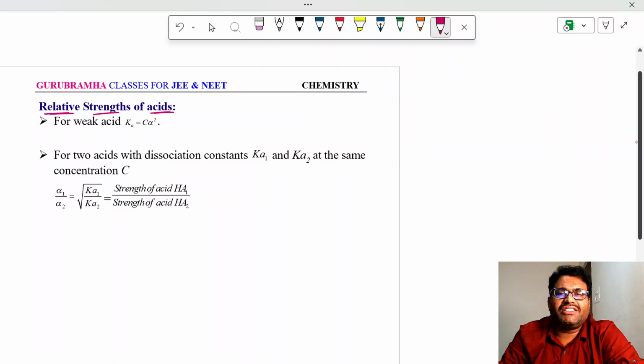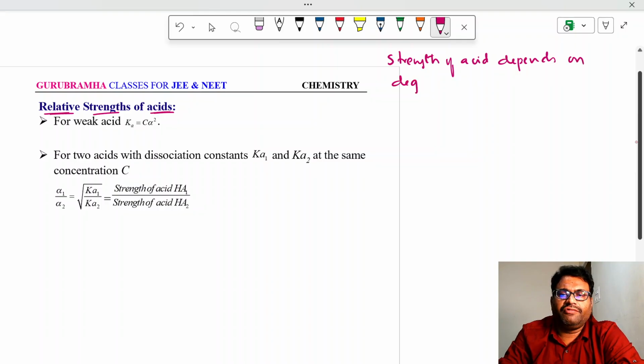So the strength of an acid depends on its degree of dissociation. One of the factors which decides the strength of an acid is the degree of dissociation. What is that? Alpha.